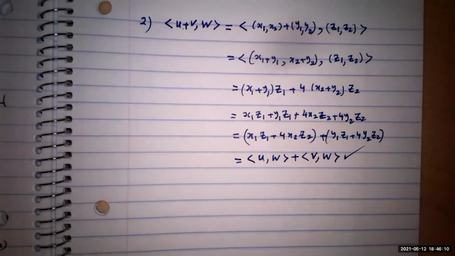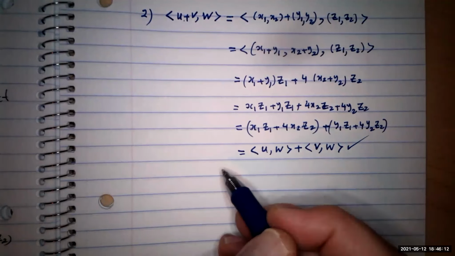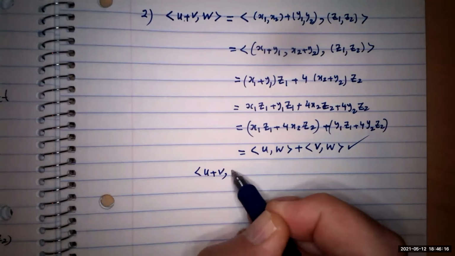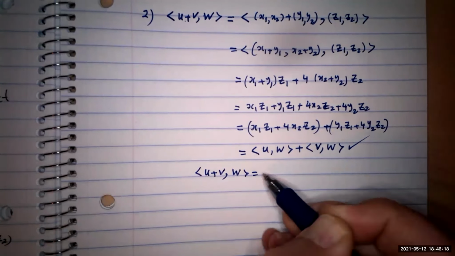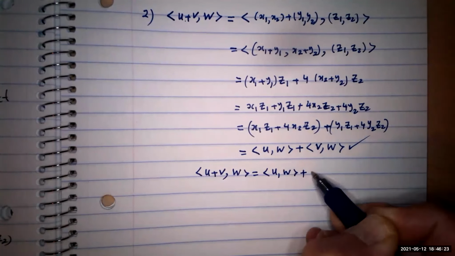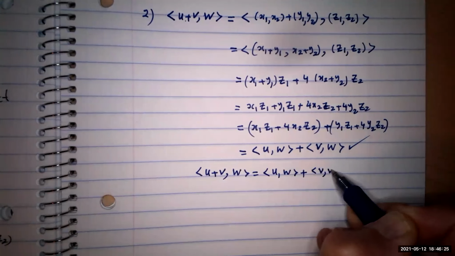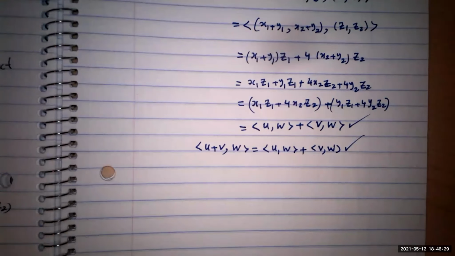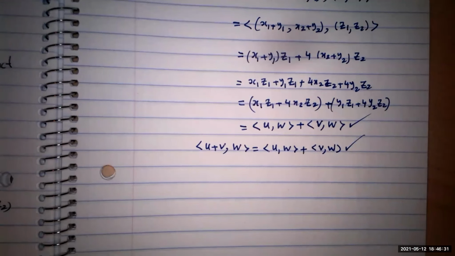So you prove that this is linear on the first component: u plus v comma w is the same as uw plus vw. You prove the second axiom, which we call linearity, or additivity.